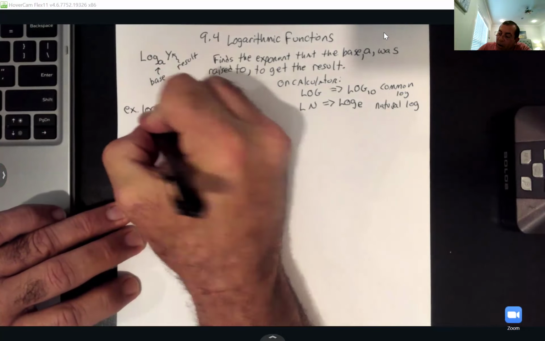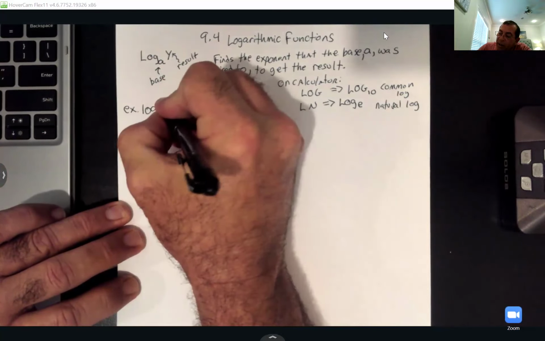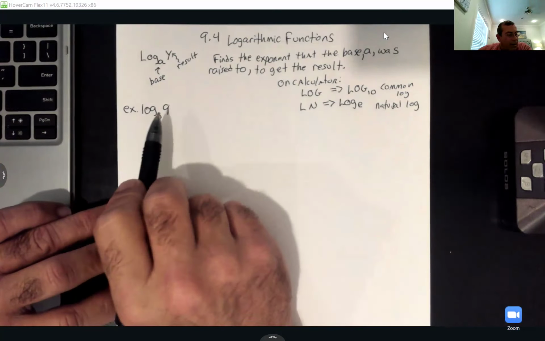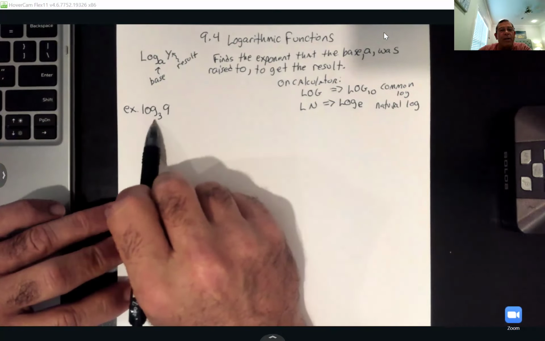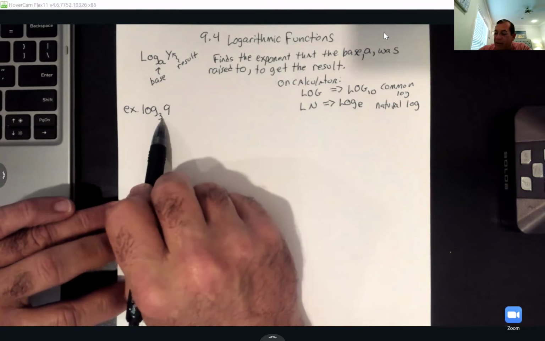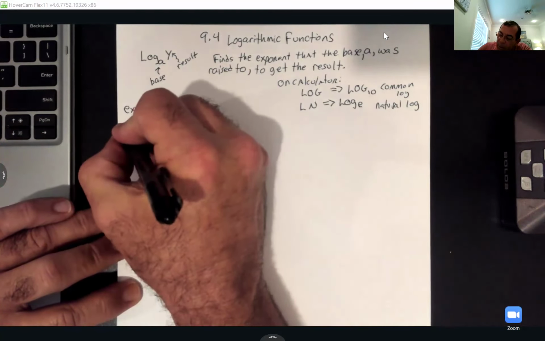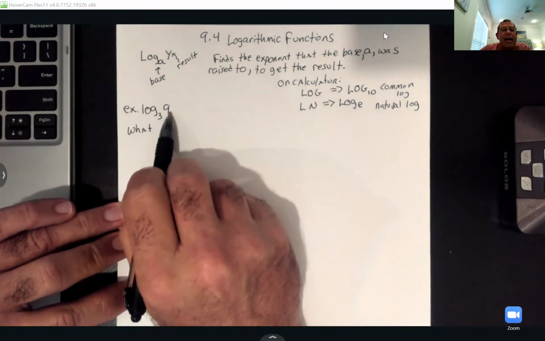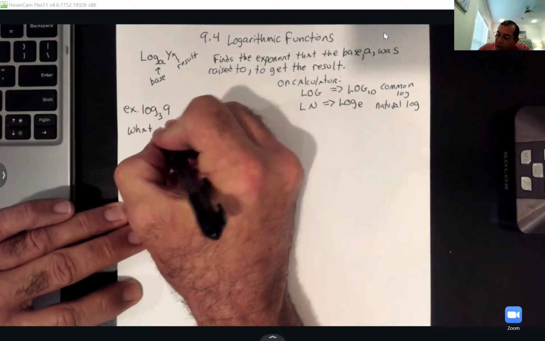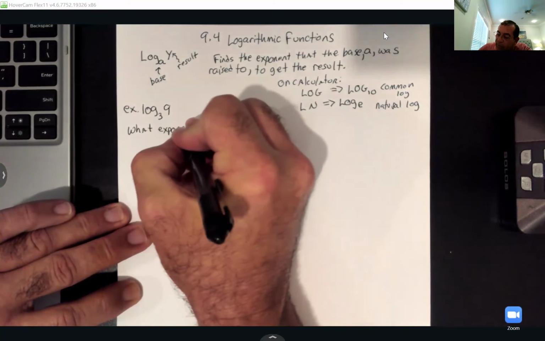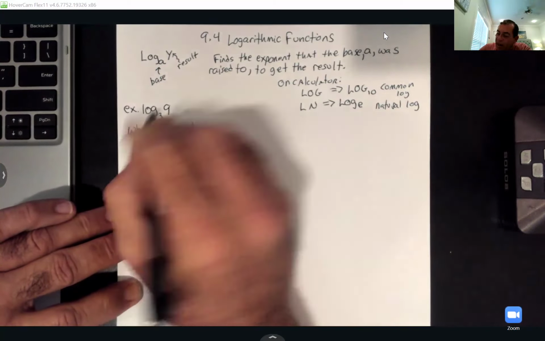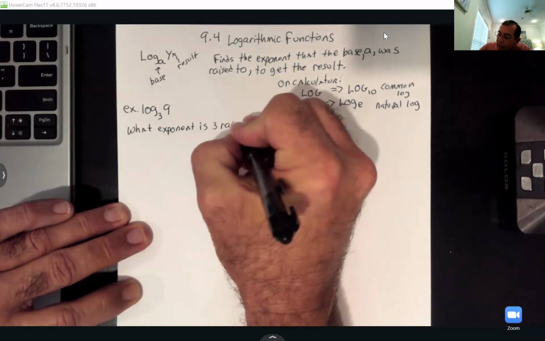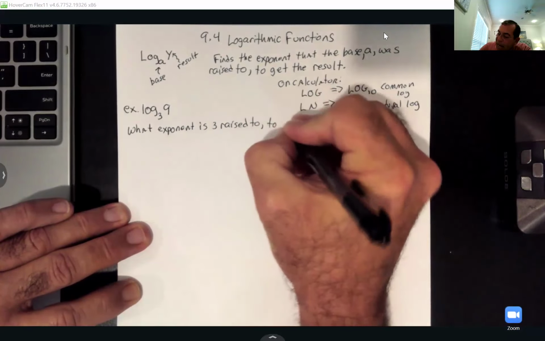So I'm going to start out with a log base 3 of 9. So let's see, what does this want me to do? They're giving me a base of 3. So what I need to find when I punch in a log base 3 of 9, I want to know what exponent 3 is raised to equal 9.